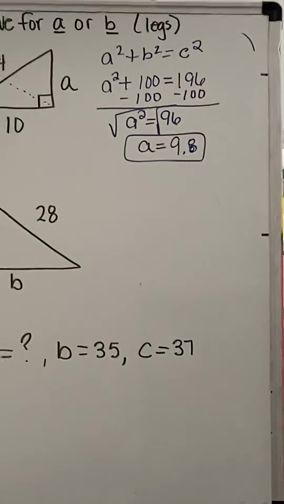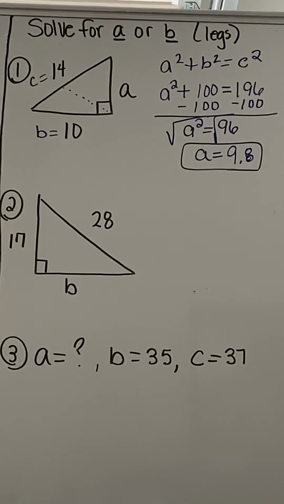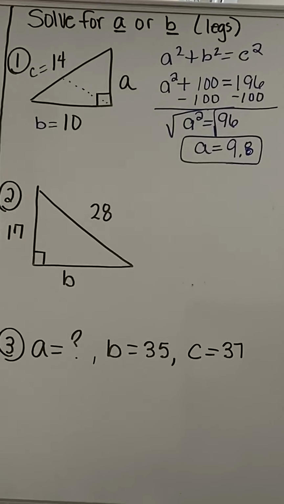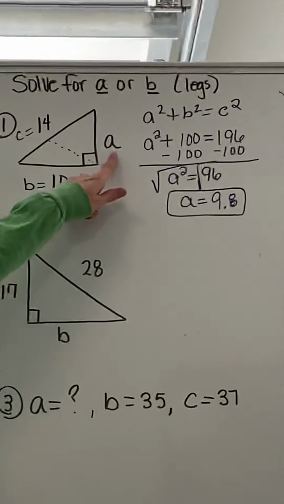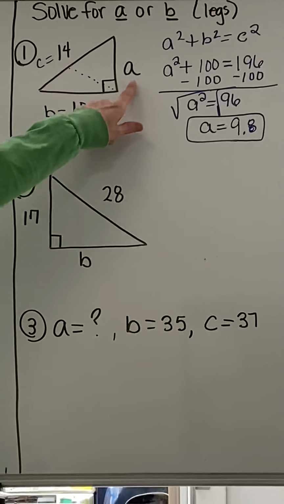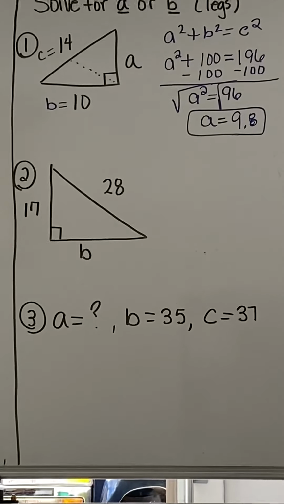So the main difference between solving for a leg and solving for a hypotenuse is you're going to subtract and then take the square root. When you're solving for the hypotenuse, we added and then took the square root. And this does fit right here because 14 has to be the longest side because it's the hypotenuse. So if I put 9.8 right there, that still keeps 14 as the longest side.